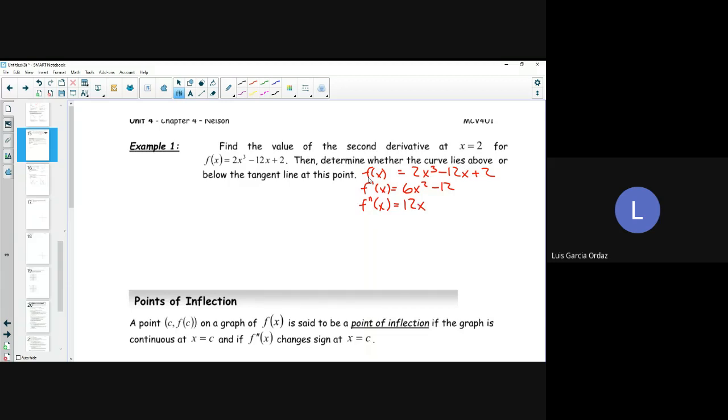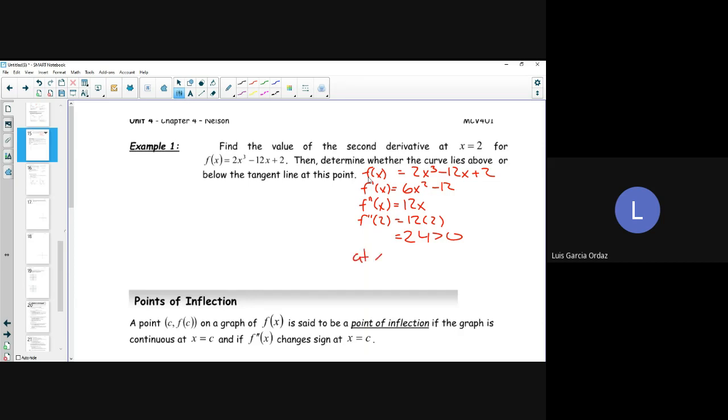Now I want to find the second derivative value when x is equal to 2, which is equal to 24. And we know that 24 is bigger than 0. So if 24 is bigger than 0, from my definition from the beginning, that means my graph is going to be concaving up. Okay?